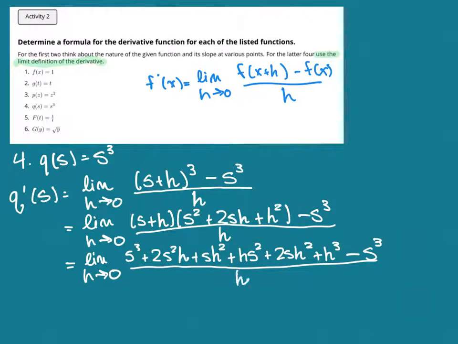All over h. Now, this is the moment of truth where we say, oh look, s cubed plus s cubed minus s cubed, and all our stress melts away when we realize there's an h in everything that's still here. How nice is that?